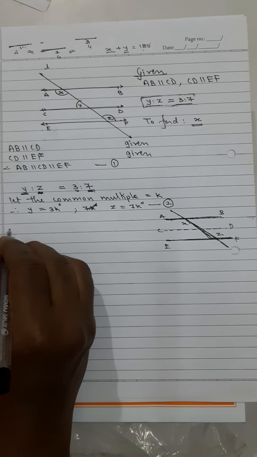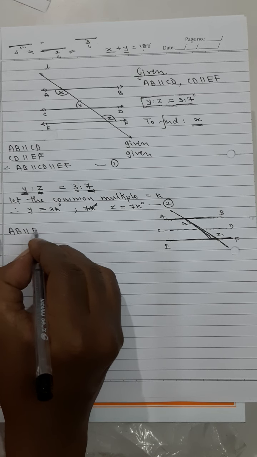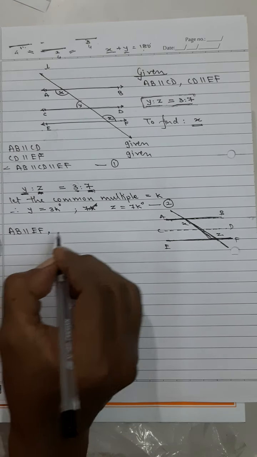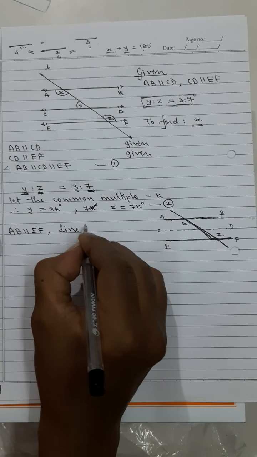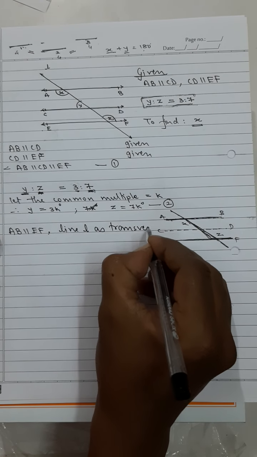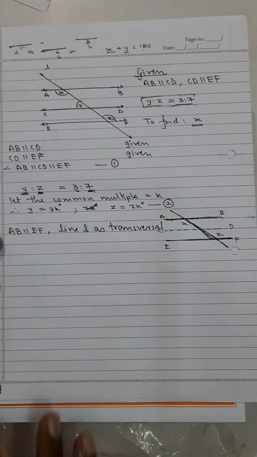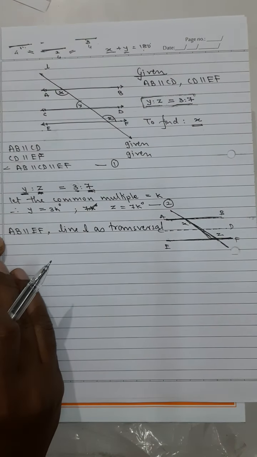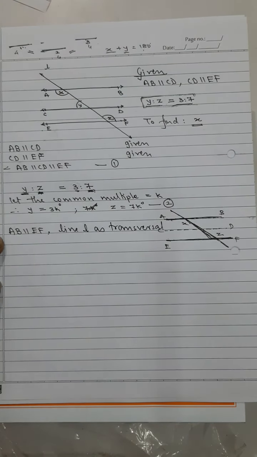Now you will tell AB is parallel to EF and line L as transversal. See, this is what we should write, because now there are three lines parallel, and what are you taking?